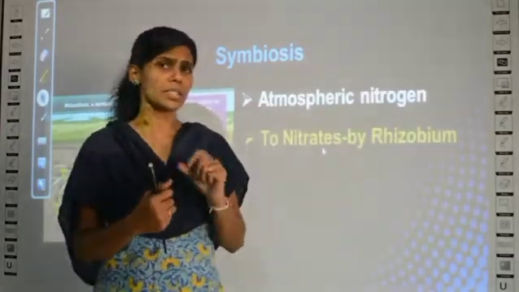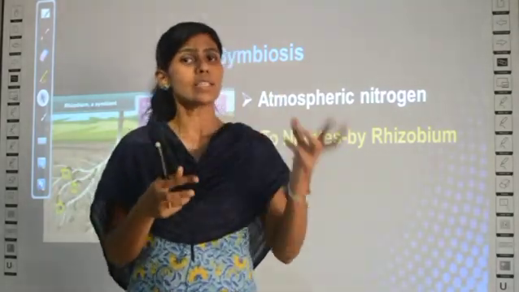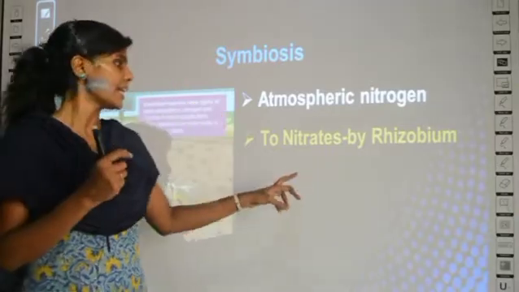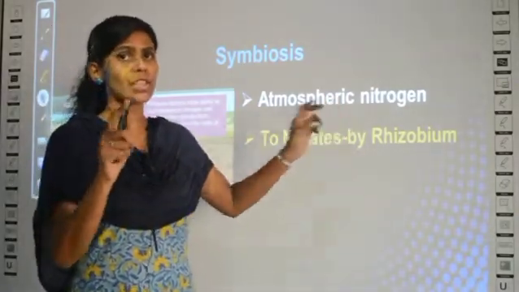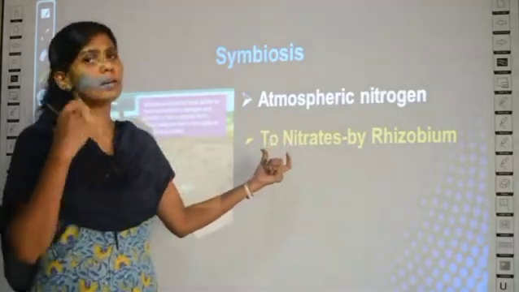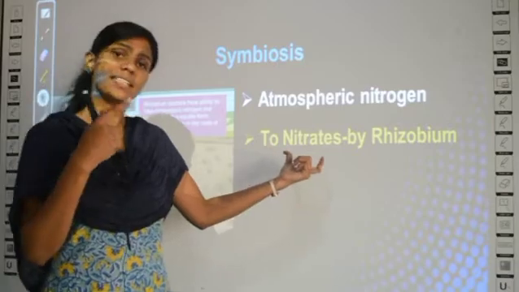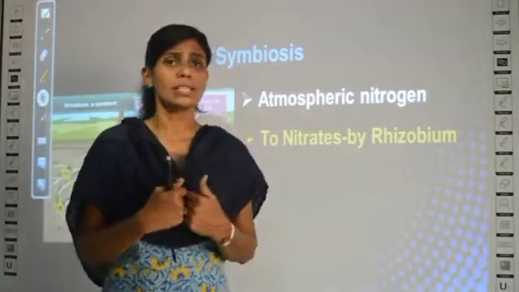So what happens is the bacteria rhizobium will convert this nitrogen gas into nitrates. The atmospheric nitrogen around the plant is converted into nitrate by the rhizobium. Now nitrates can be taken by the plant, but the gas itself cannot.